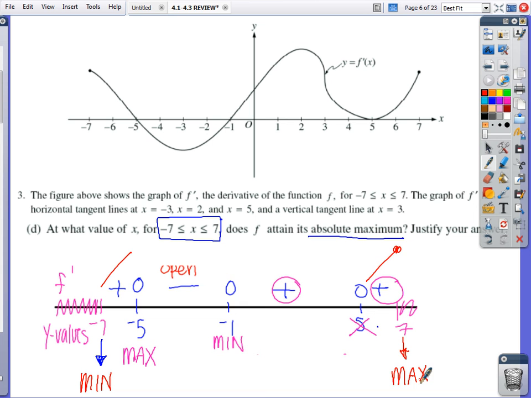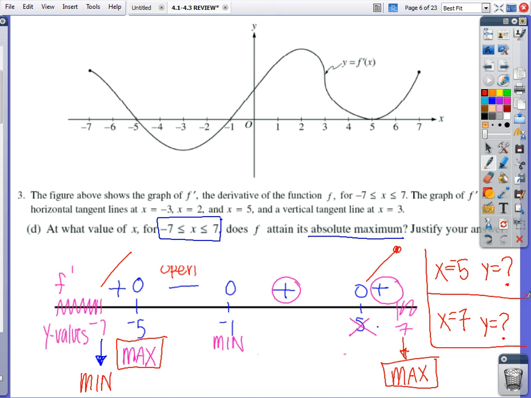Our two maximum values would be x equal to -5 and x equal to 7. This is a question where we would not be able to give the absolute. You're able to tell which ones are your maximums, and then we would have had to figure out the y values from here. But you guys don't know how to do that just yet. So we would have to leave it at, these are our two possible maximums, and once we figure out the y values, we would be able to say which one is the absolute.